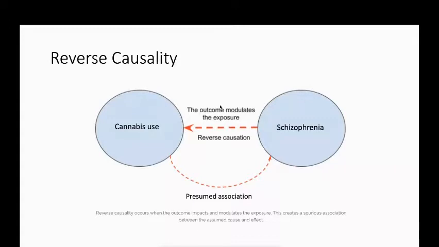We could think that the presumed direction here is that cannabis causes schizophrenia, but actually it's possible that this could be happening in reverse, where schizophrenia might cause people to experience symptoms that they might then self-medicate with using cannabis. So there's a reverse causation where the outcome modulates the exposure. And again, that makes it very difficult to delineate what is cause and effect, because we don't know whether it's happening in the forward direction or the reverse direction.